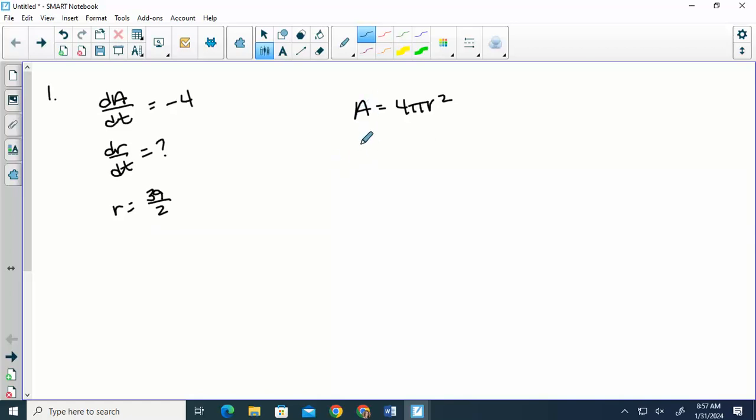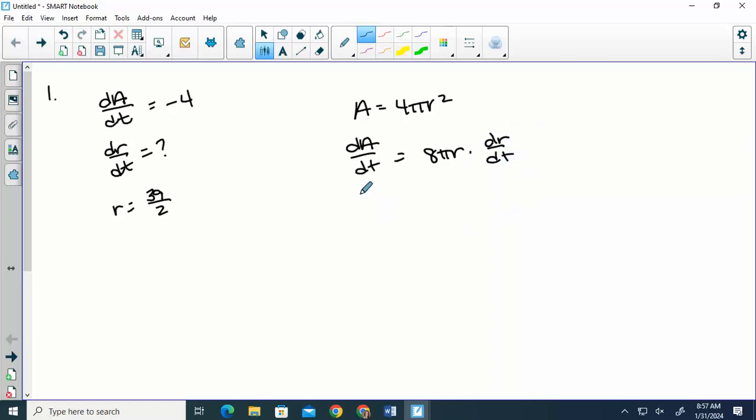So derivative of A would become dA dt. Okay, the 2 comes down, so that's 8 pi r, but we did the derivative of an r, so it gets dr dt.